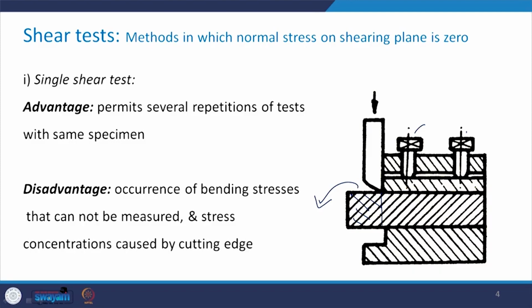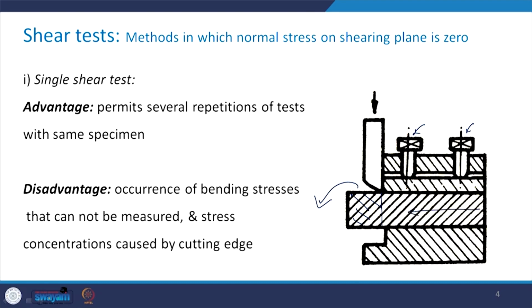The advantage of the single shear test is, let us say that you have conducted the test and this portion is out, this has been cut and it is out. Then we can just open these fixtures little bit, just loosen them and replace this specimen in this direction.